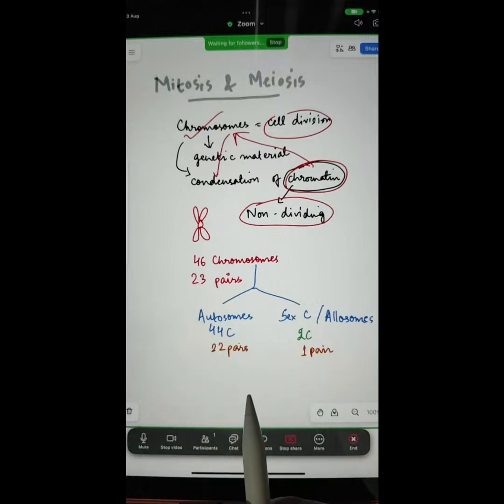So what are autosomes? These are those chromosomes which will not be helping in the sex determination. Means they will not be contributing in the development of sex of a baby. But sex chromosomes are the one which will be defining the sex of the baby, right?